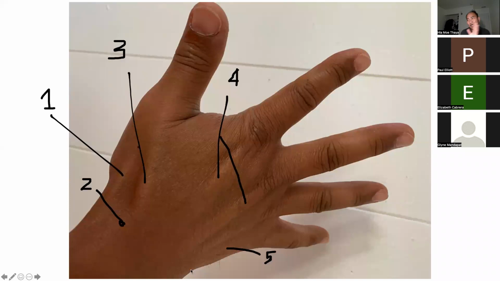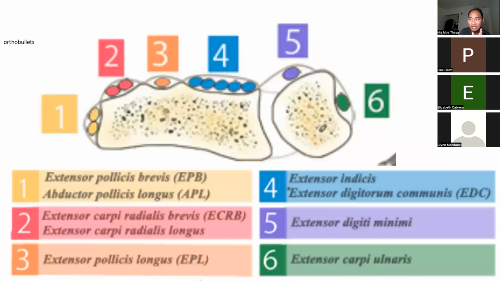Okay, so now let's go back to the previous slide, which we saw. We have split into 6 groups of tendons. Tendons means 6 groups of muscles.